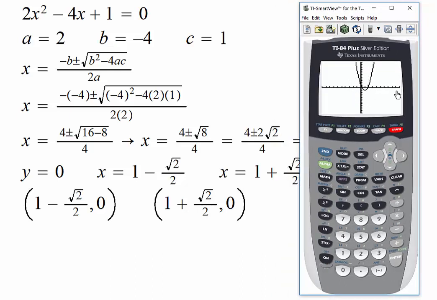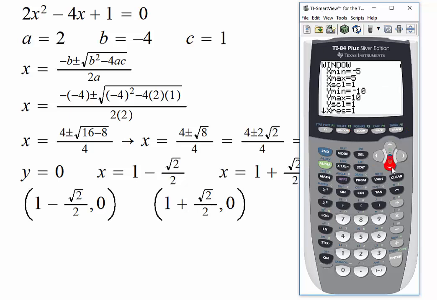We know that we are not going too far on these sides, so for the window we may just restrict the x coordinates to negative 5 to 5. We shall have a better view of the graph. Oh, we had to adjust the y values as well.